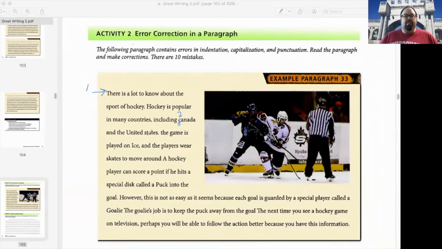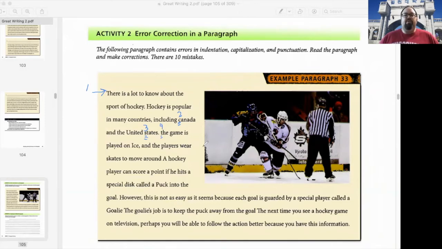The US, United States, also a country. The United is capitalized, but the S isn't. And so that is our third mistake. It's got a period, which it should have, so that's fine. But look here, the first letter in the next sentence should be capitalized. The T should be capitalized, and it is not.